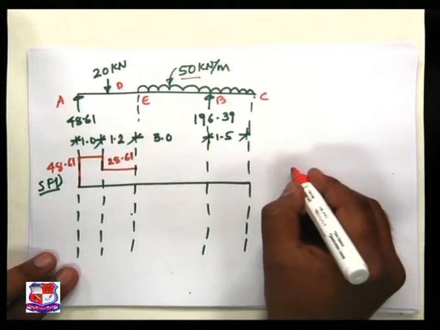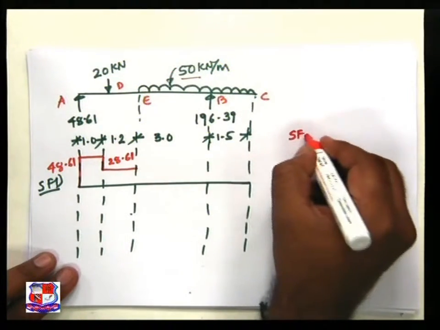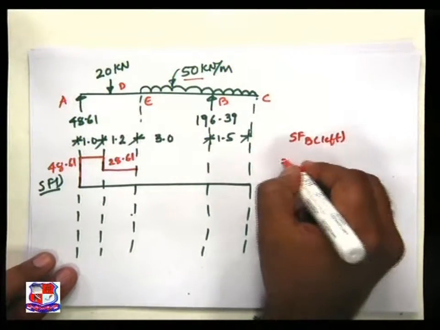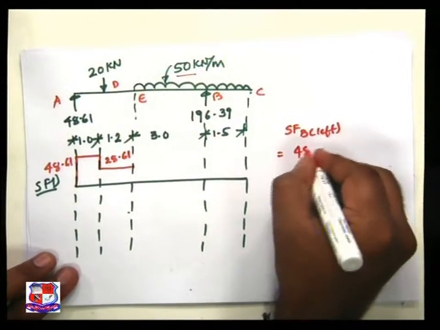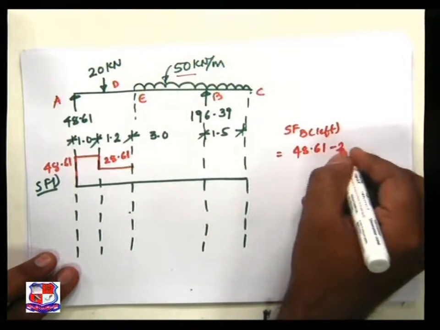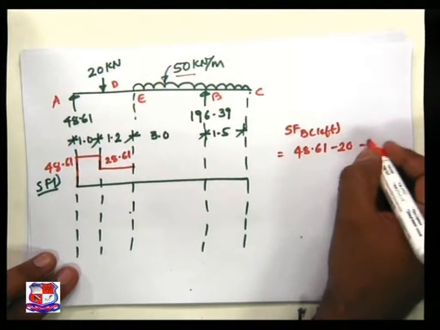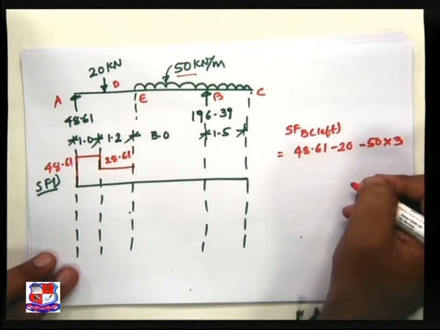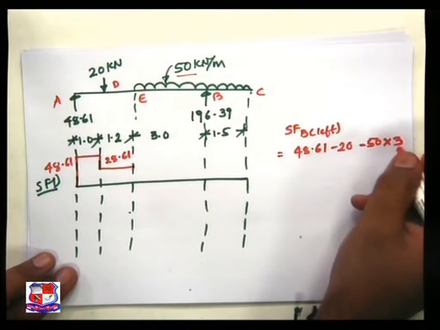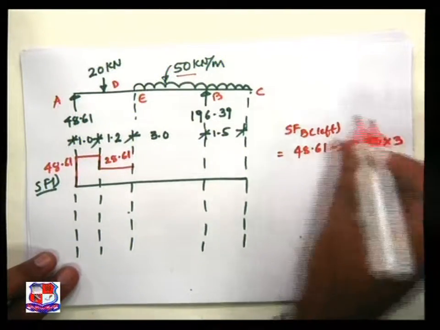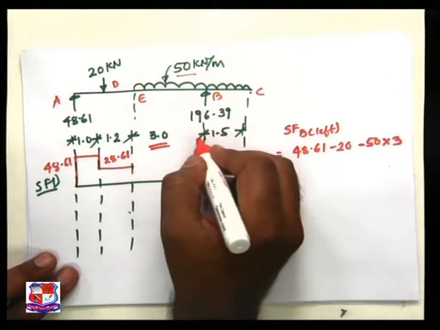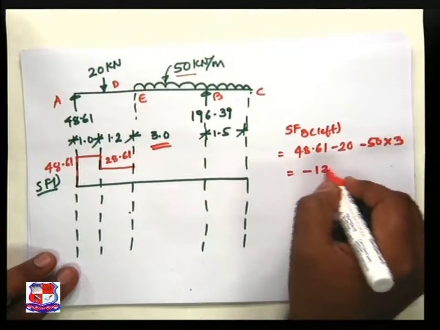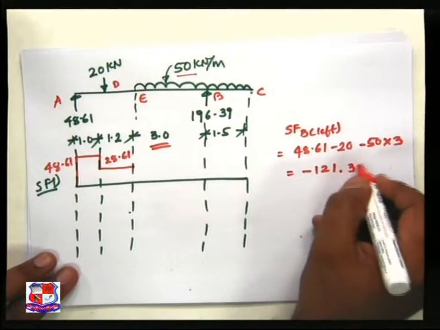Shear force at B just left is equal to 48.61 minus 20 minus 50 into 3, because the distance is 3 meter, and we got minus 121.39.